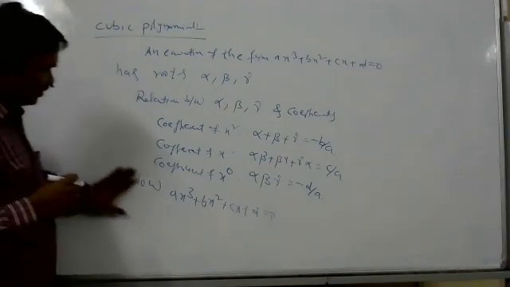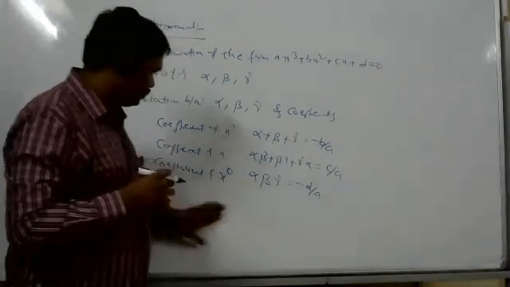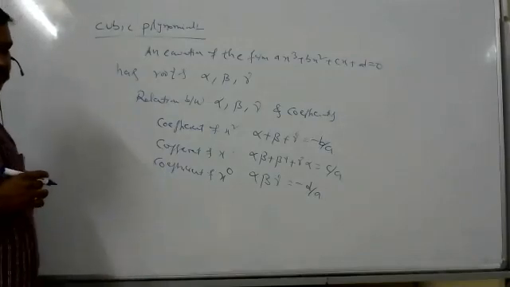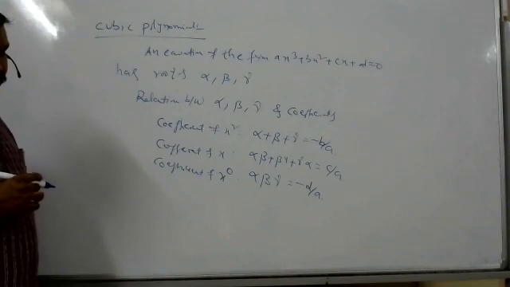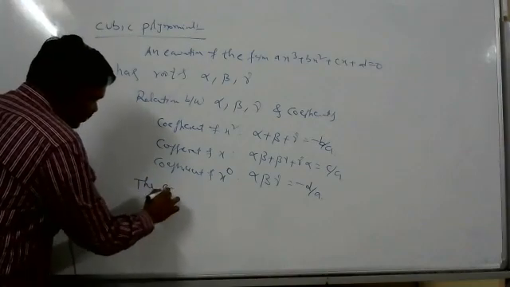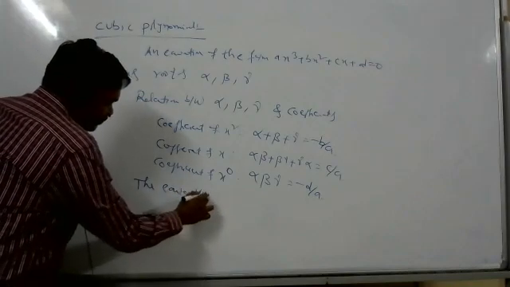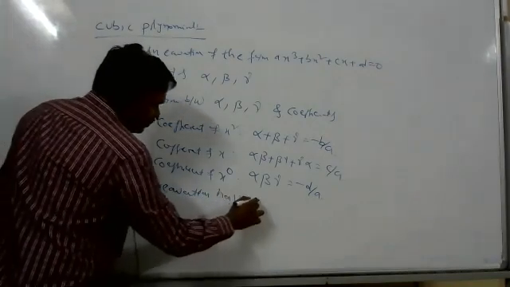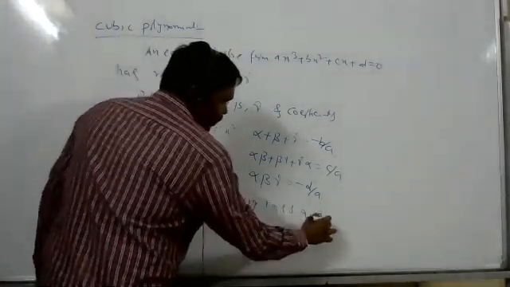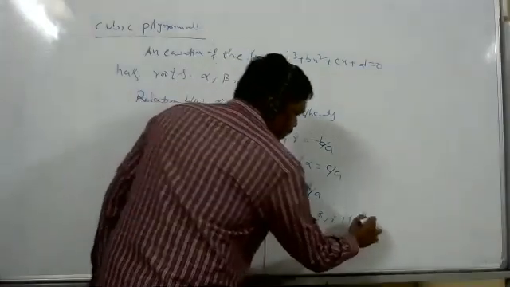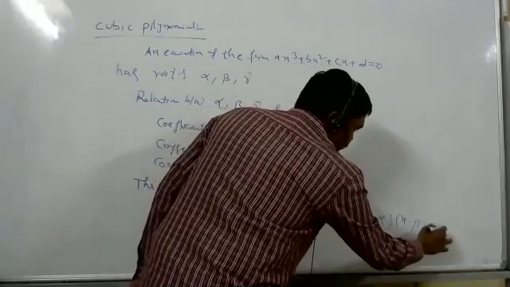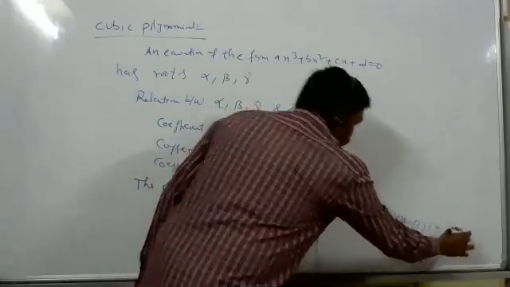The equation having roots alpha, beta, gamma is x minus alpha into x minus beta into x minus gamma equal to 0.